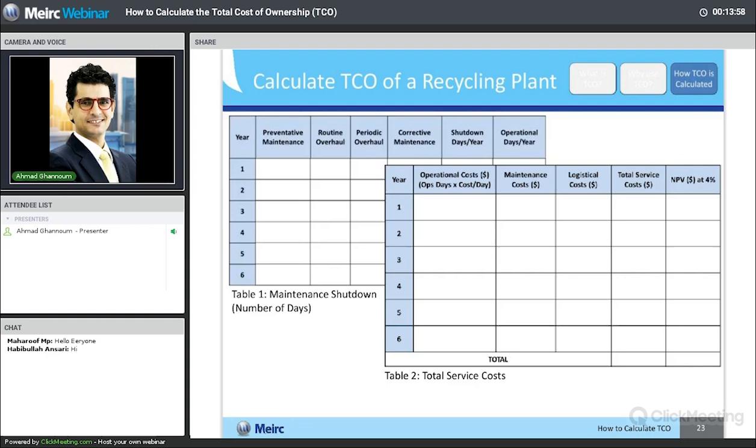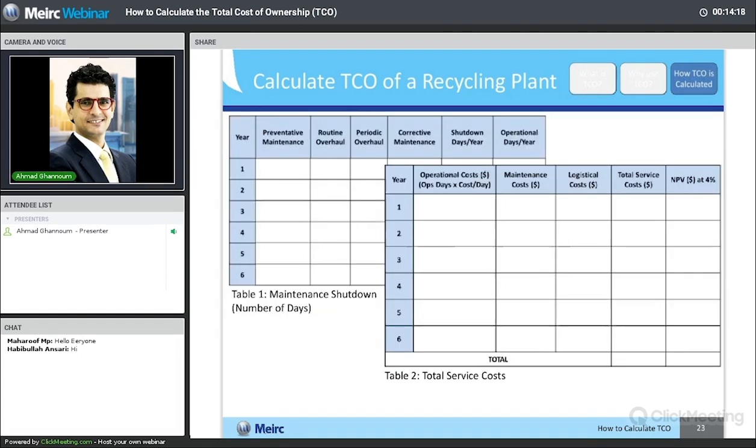And the second table, which is table 2, total service costs. This one is going to help us understand the total costs incurred per year, so that when we come to apply the discount rate, we can do that by year. Remember, the value of money will continue to depreciate year on year, and this will need to be accounted for.